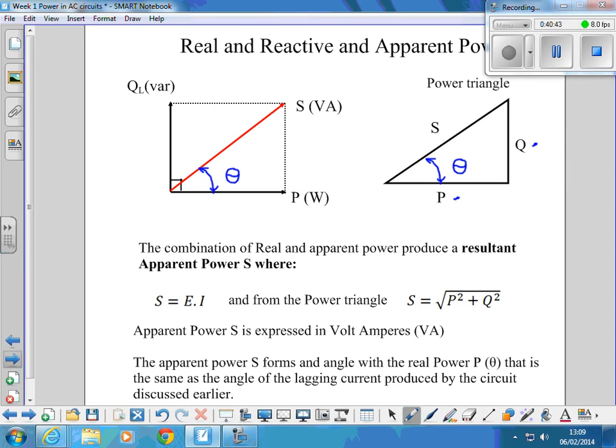So you can get the phase angle, and effectively the power factor we're going to talk about shortly, either from the angle between P and S, or from the angle between the actual line current and the current due to the power. That angle works out to be the same from either triangle. Alright, any questions on that?